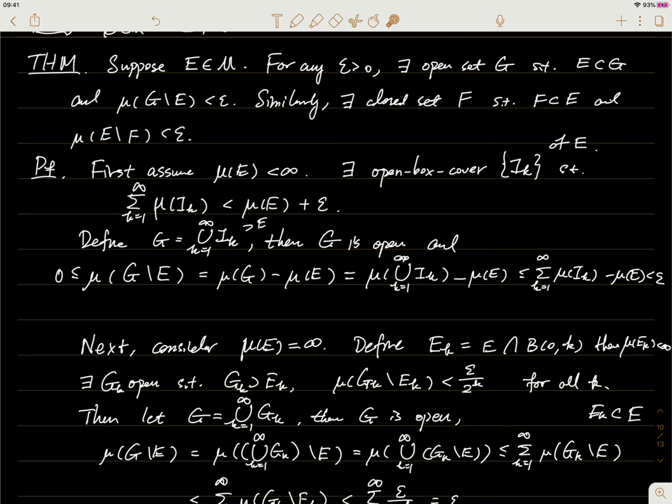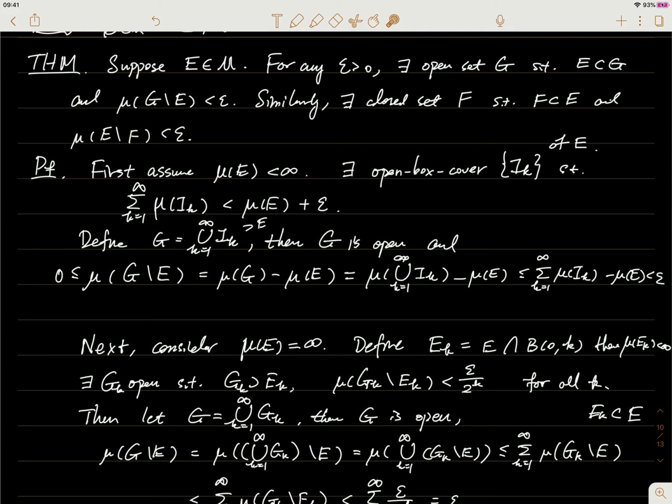Okay, so we just need to prove one of them. The other one is straightforward. First, let's assume the set E has a finite measure. If it has a finite measure, that means I can find an open box cover for this E with epsilon as the error.